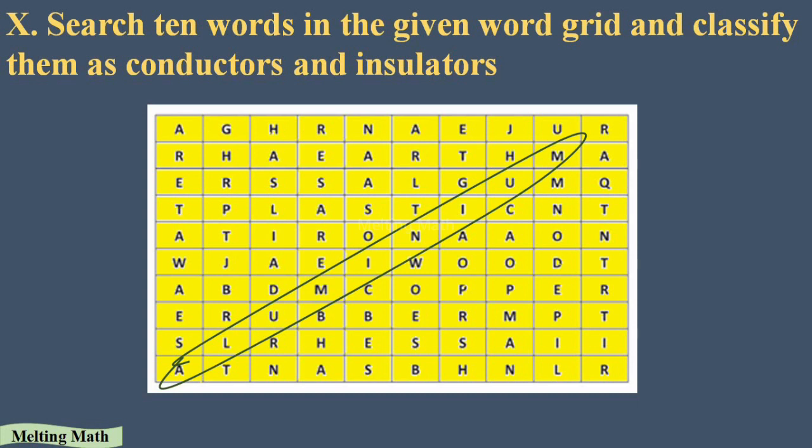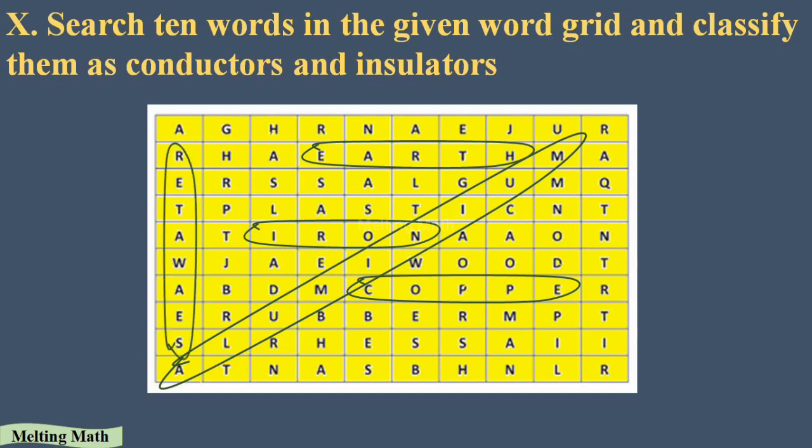Next, here we have earth, it is a conductor. Next, here we have copper, it's also a conductor. And next we have iron here, it's also a conductor. After that, sea water is here, it is also a conductor. Okay, so we found 5 conductors here.